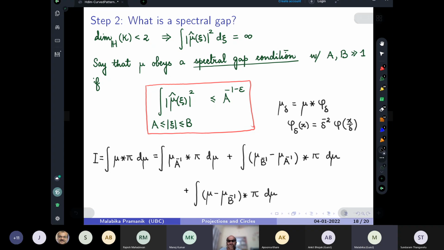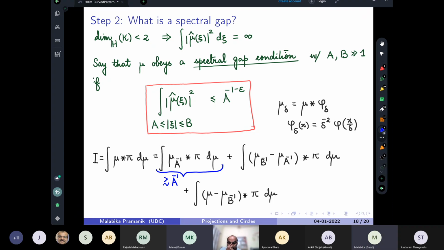Okay, so these are the 3 pieces. Now the first piece is the dominant term, and using the absolutely continuous nature of mu sub A inverse, one shows that this is larger than A to the power of -1.